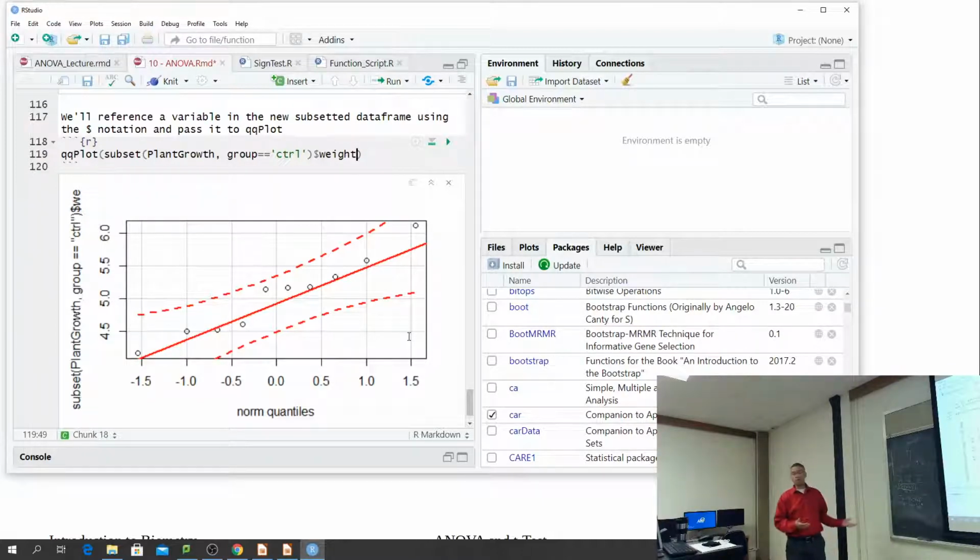Now, this is checking normality just of the control group. We also have to check normality of the treatment 1 and the treatment 2 groups. So using the same subset notation and passing all of this onto QQ plot, take a few minutes to try to write the code, update the code, so that we can get a QQ plot of our treatment 1 and our treatment 2.